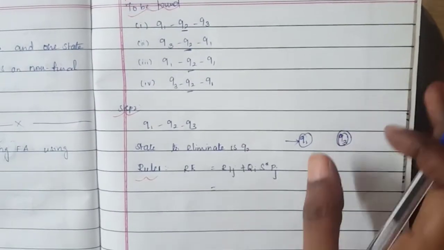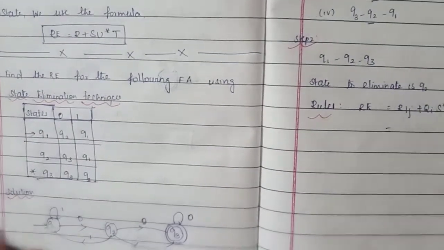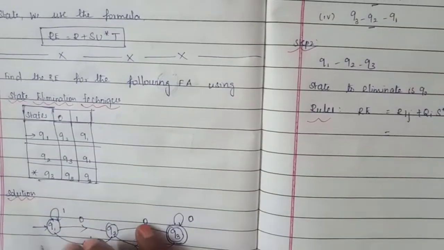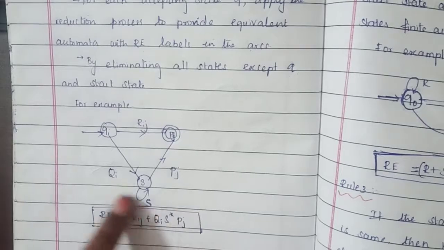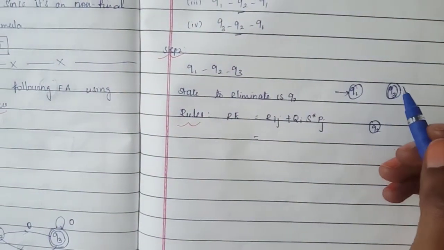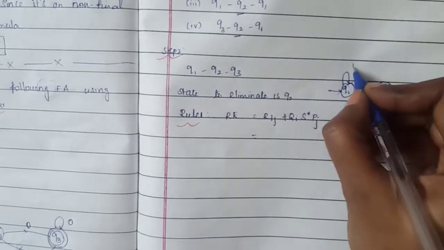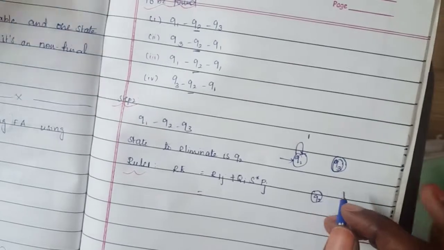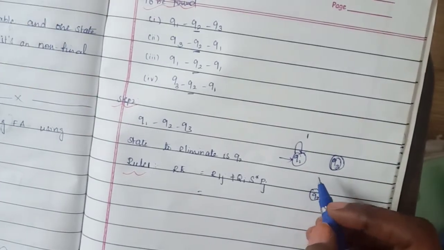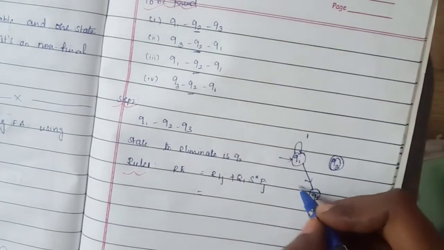When you see this diagram, you have to make it in the prescribed way. Q1 on 1 has a self loop, and Q1 on 0 goes to Q2.